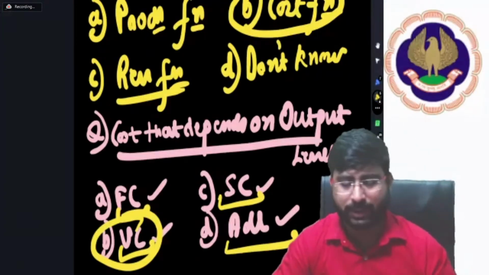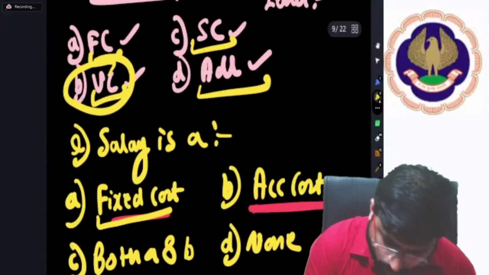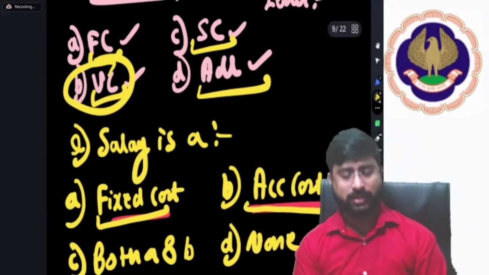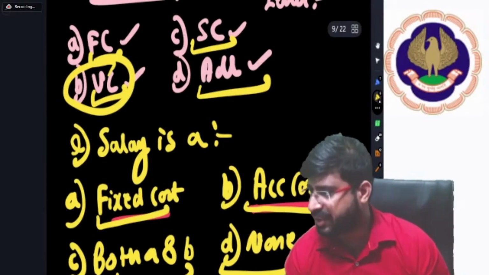Yes, absolutely. Moving on. Salary is a fixed cost, option A; or an accounting cost, B; C, it is both; or D, it is none. What say, friends? Which one?